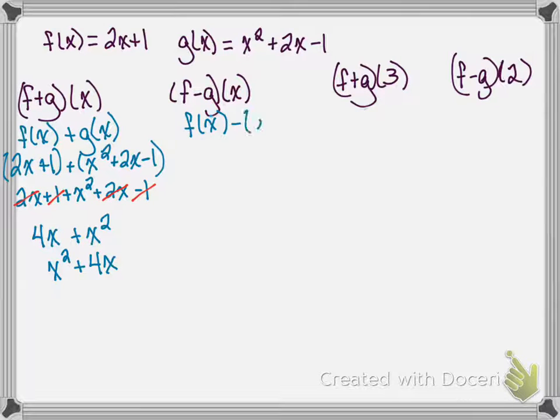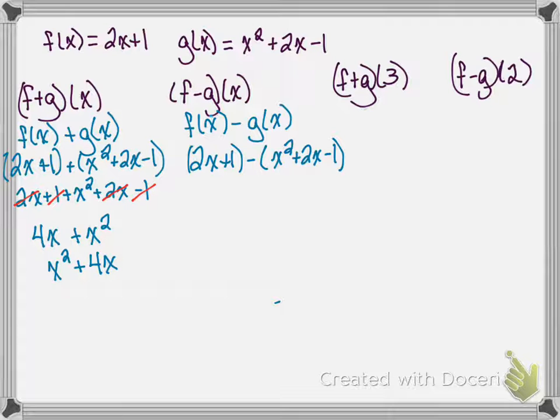Now, we've got f of x minus g of x. And this is where the distributive property is going to come into play. So f of x is 2x plus 1, and I am subtracting x squared plus 2x minus 1. That's the important thing to remember.